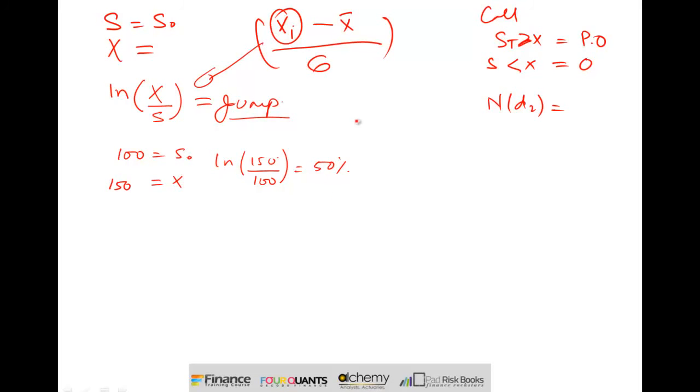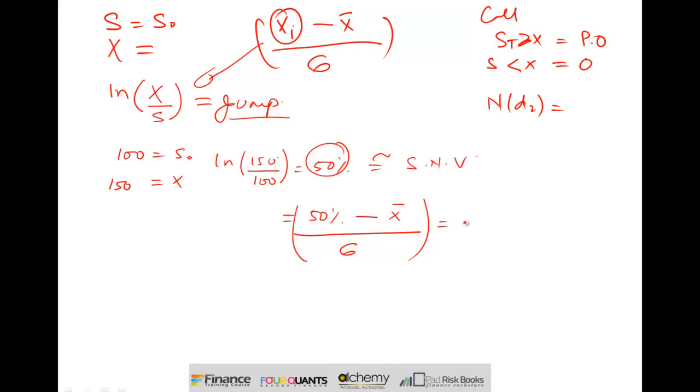What I really want to compare is, if this is the value, how do I convert this to a standard normal variable? I convert this by taking this value, 50%, subtracting from it the expected return, dividing that by the standard deviation, and calculating this number, and let's just call this number d, using it to find out the probability that ST is greater than or equal to X.